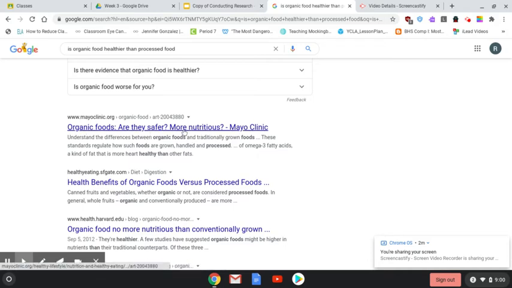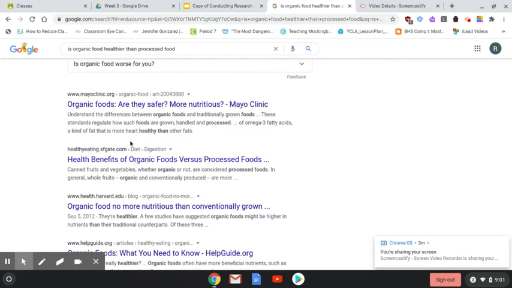That isn't necessarily telling us exactly the difference between organic or processed, but as we read through, it may tell us that. It says, understand the differences between organic foods, traditionally grown foods, and these standards regulate how such foods are grown, handled, and processed. So this is telling us how these organic foods are processed, not necessarily whether or not organic food is healthier than processed foods. But again, I would want to come back and look at this and read through it.